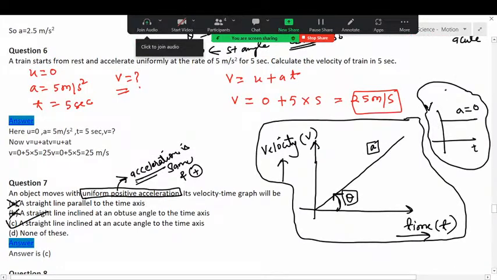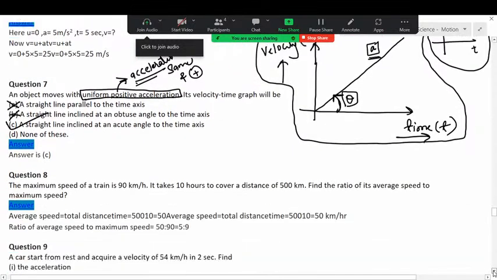This is the graph in which motion has no acceleration, that means uniform velocity. Velocity is fixed. Here, velocity is increasing in a pattern so that acceleration remains the same, and that acceleration is positive. You got it?